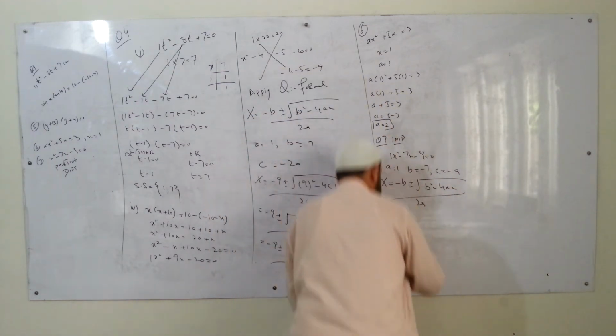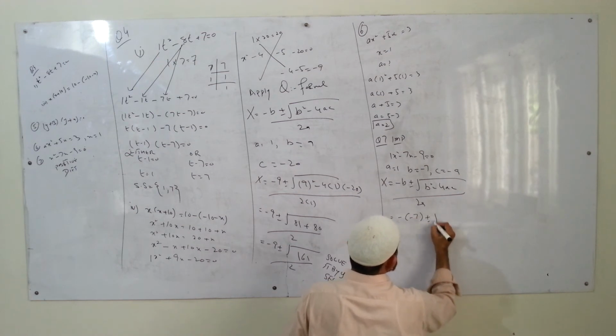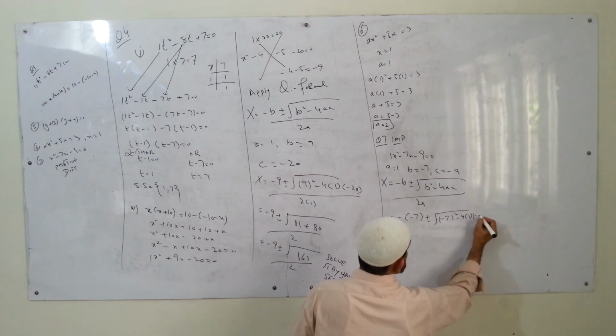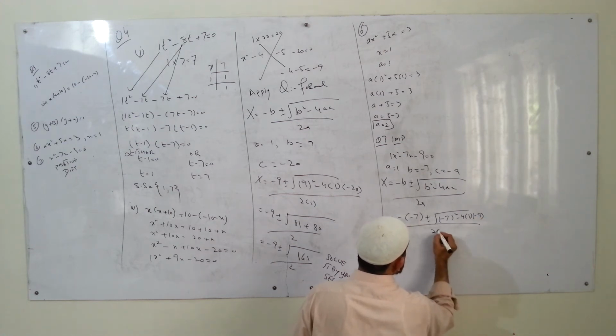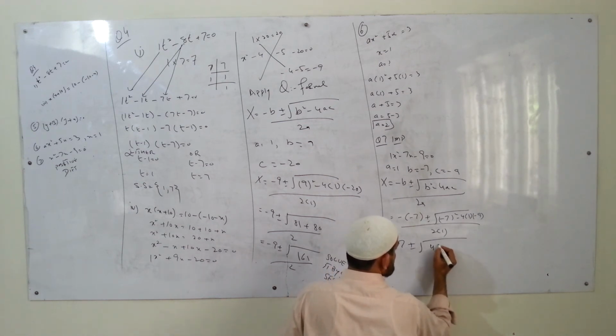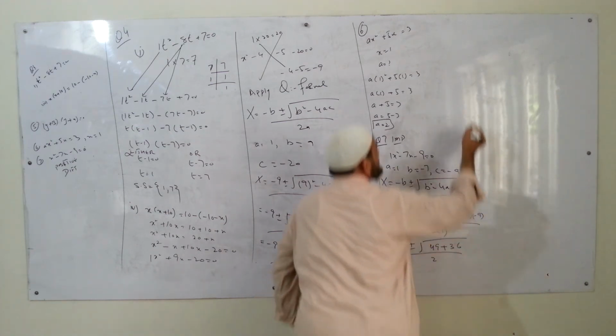Putting the values, we get minus into minus 7 plus or minus the square root of 7 square minus 4ac, divided by 2a.